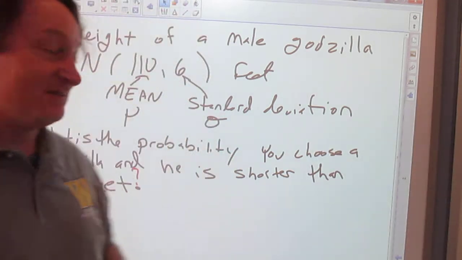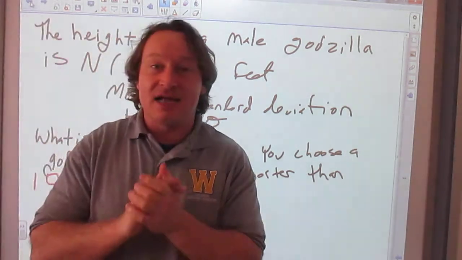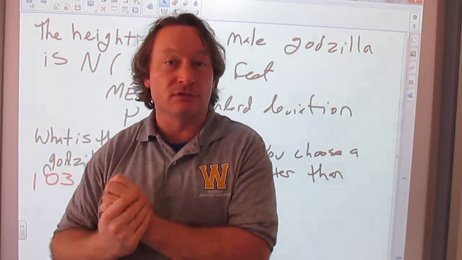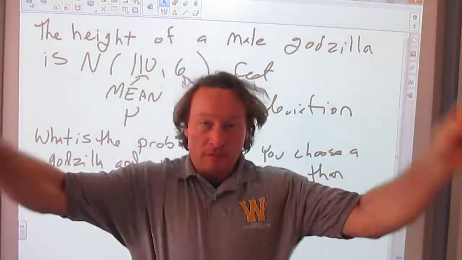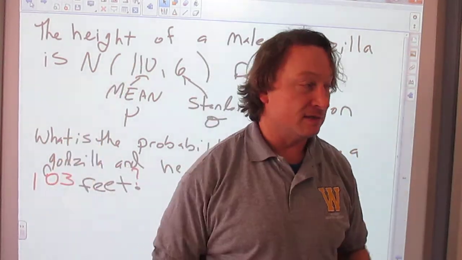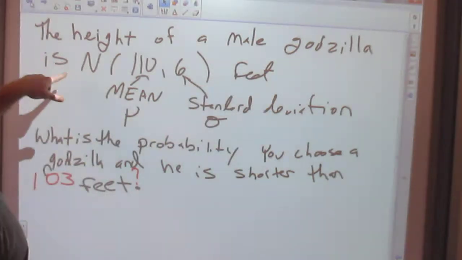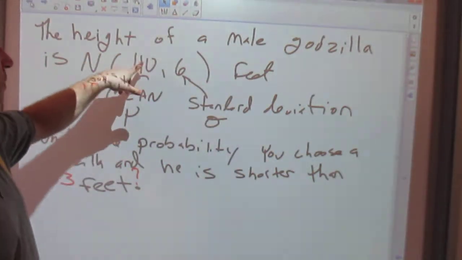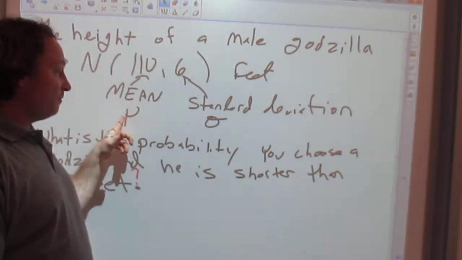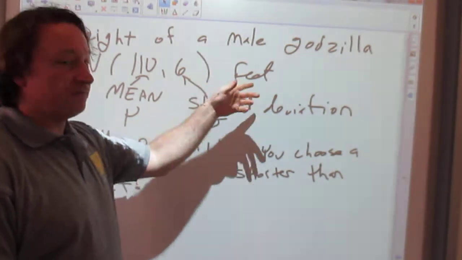So what we're doing today is trying to figure out how to find the probability that something is less than in a normal distribution. This distribution shows the height of a male Godzilla is normally distributed, with a mean, mu, of 110 and a standard deviation, sigma, of 6 feet.